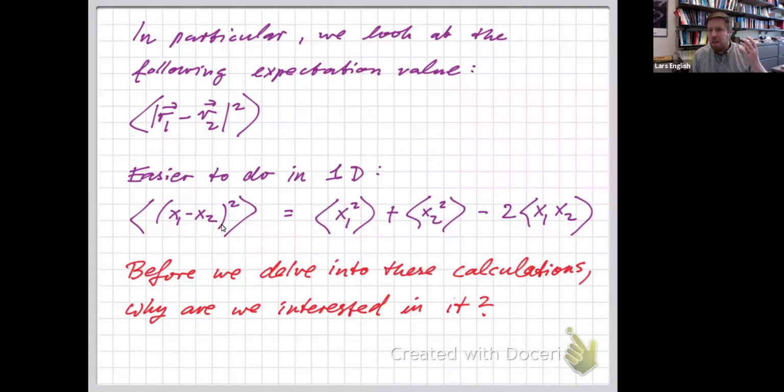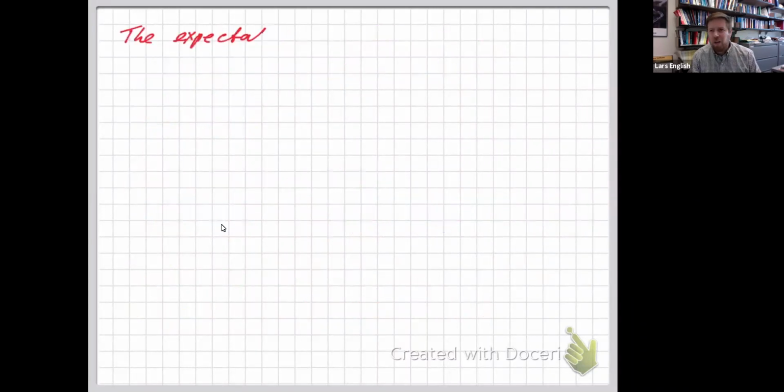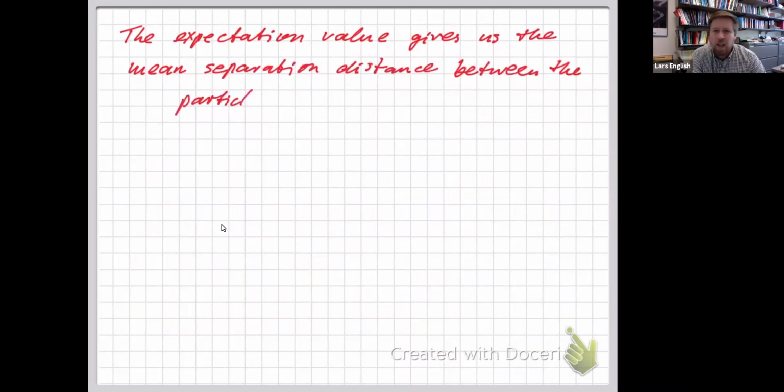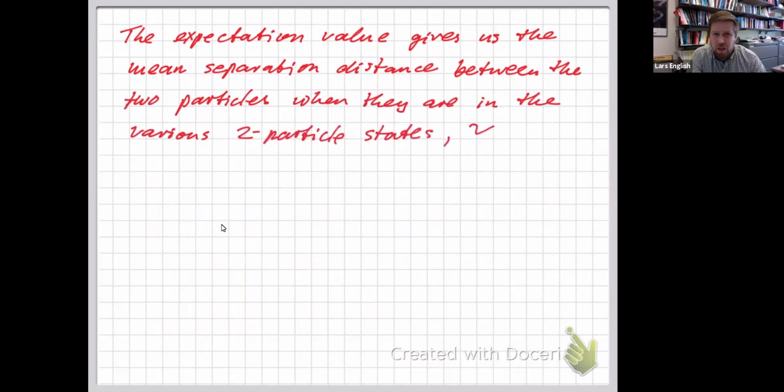There's got to be some kind of benefit for doing all this work, and so let's take a look here. Why would that expectation value be of interest to us? Okay, so the expectation value gives us the mean separation distance between the two particles relative to different states.